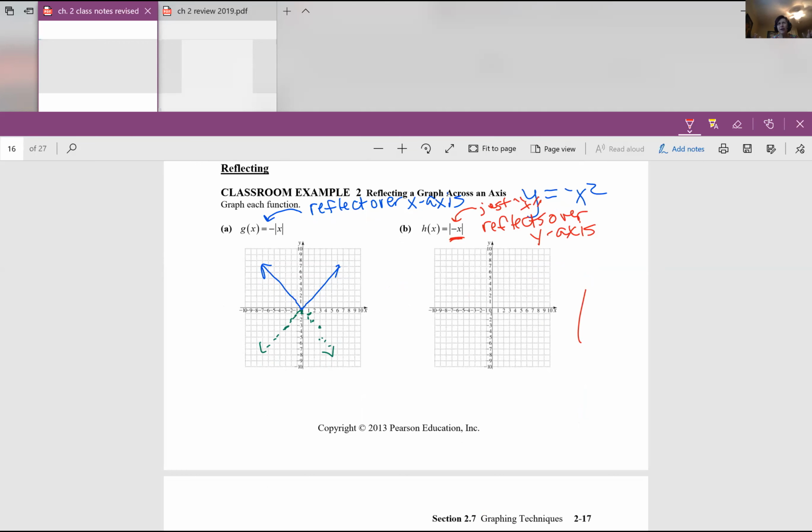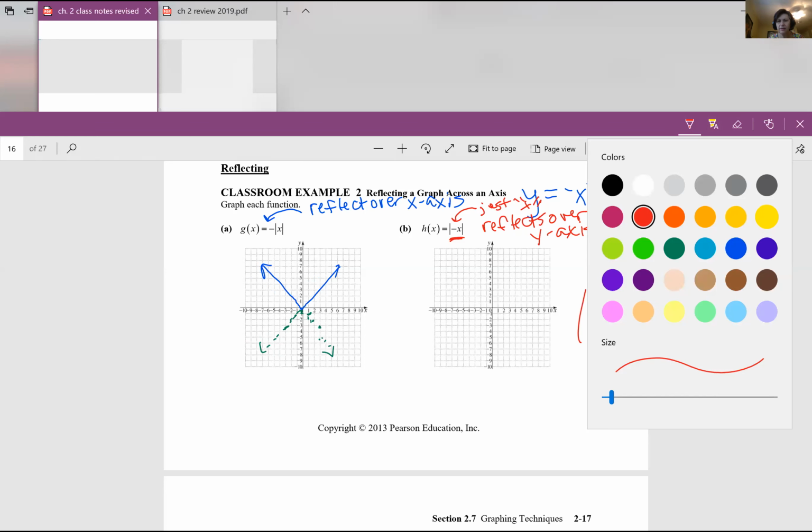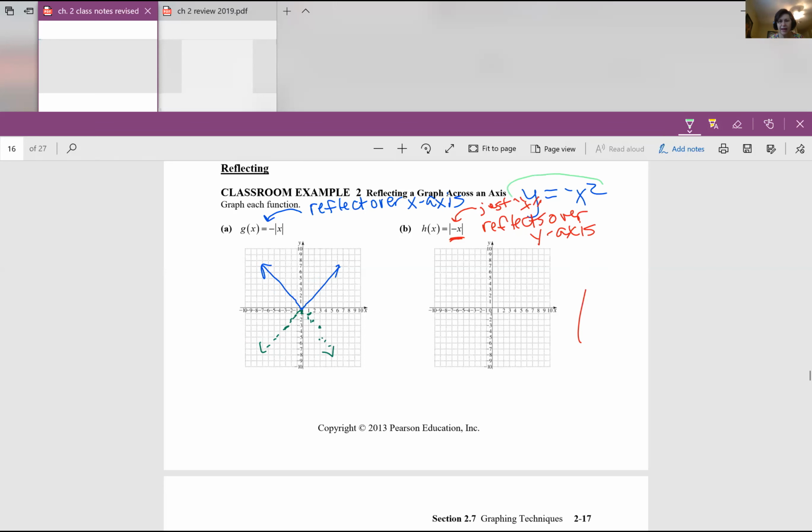We kind of already know that, because if I gave you an equation that looks like this one, y equals negative x squared, you already know when you look at it, which way does that parabola open, up or down?